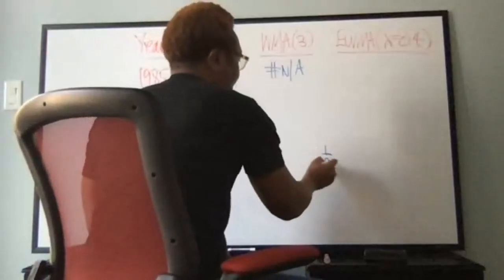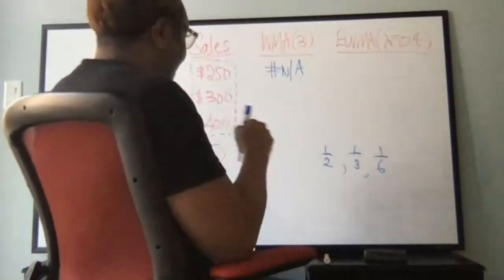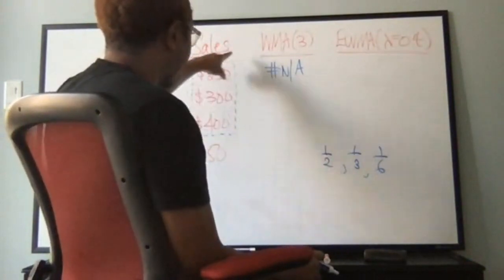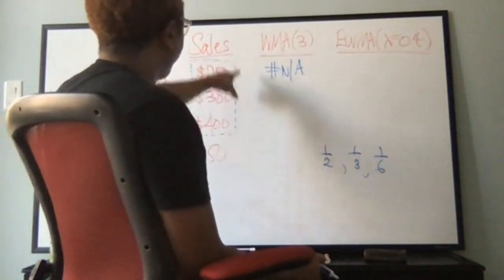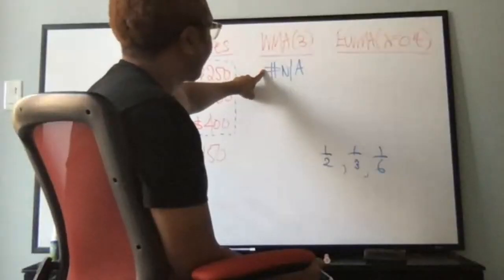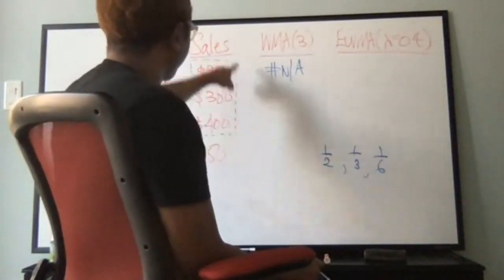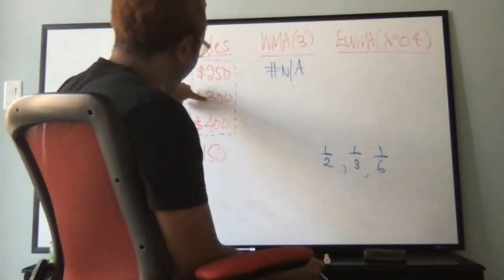Say for example I give you the 1/2, the 1/3, and the 1/6. Considering this window right here, once I get the answer, I'm always going to put it in the middle of the window, over here. That's why I put this value right here: the answer corresponds to the middle of the time point.